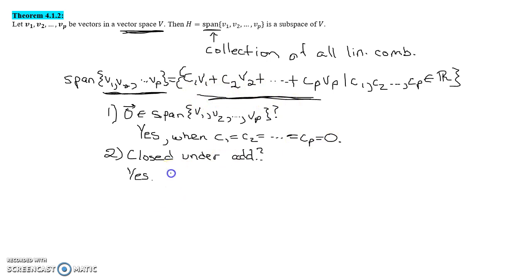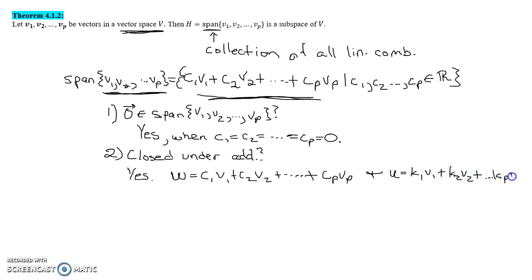Let's take as an example: if w equals c1 v1 plus c2 v2, some element of the span, then it has this form. And let's let also the vector u equal, I'll use k for the scalars this time, k1 times v1 plus k2 times v2.